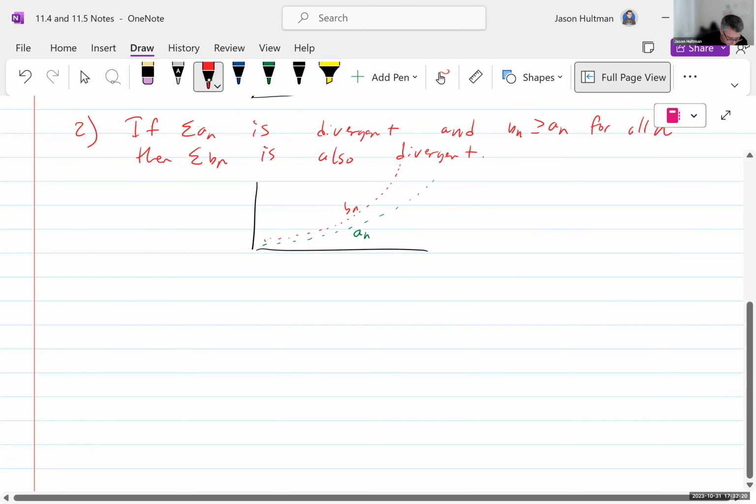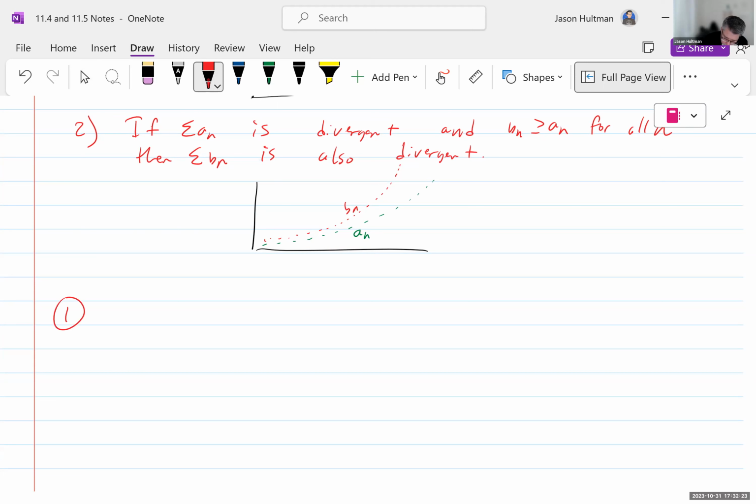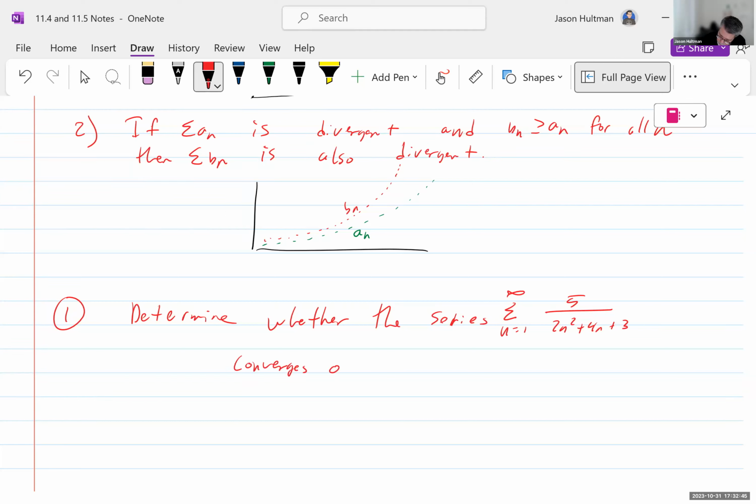Okay, number one. Determine whether the series summation n equals 1 to infinity of 5 over 2n squared plus 4n plus 3 converges or diverges.